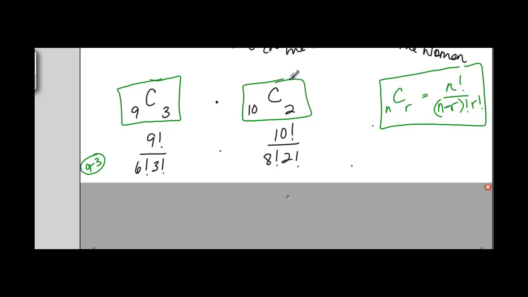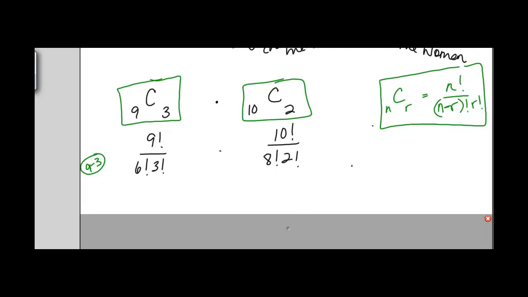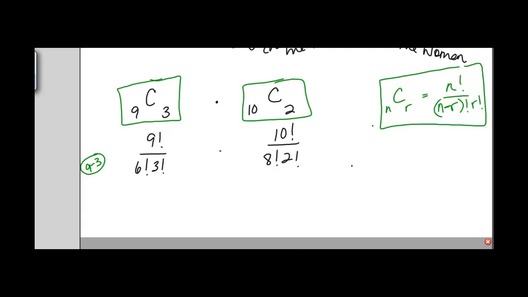And for this combination, using the formula, it would be N factorial, or 10 factorial, over 10 minus 2, which is 8 factorial, times R, which is 2 factorial. We can work that out a couple of different ways. I'm going to show you how to do it on the calculator as well as working it out by hand. So let's do a little work by hand first.